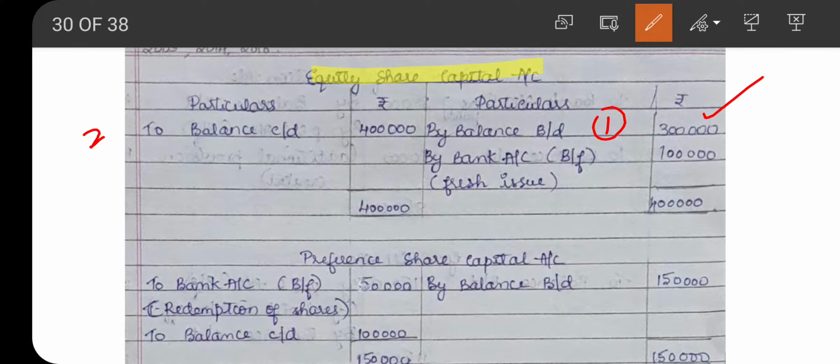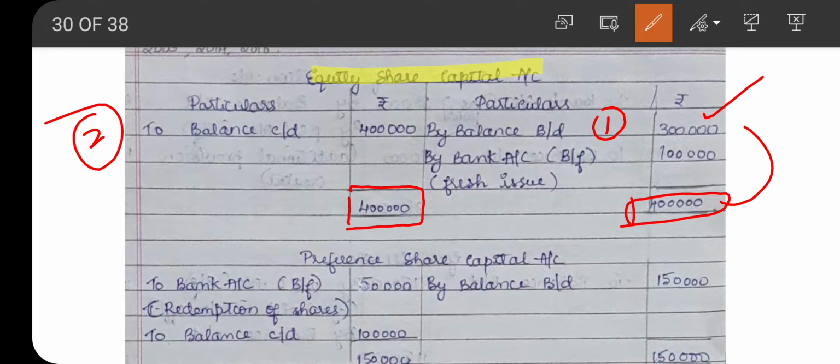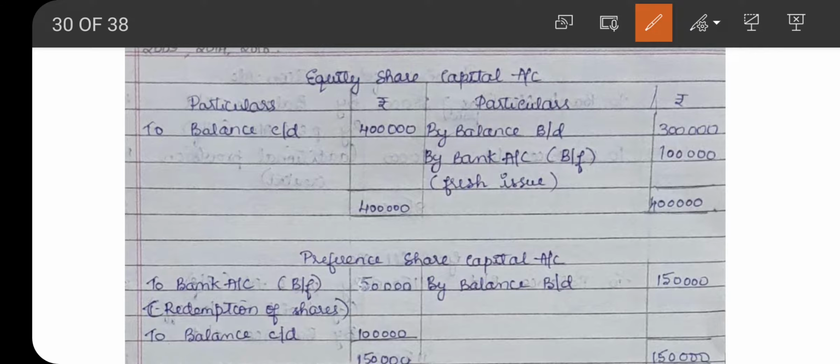So we will be writing the closing balance, to balance carried down 4 lakh, and the total as 4 lakh. So 4 lakh minus 3 lakh, we will be getting a balance of 1 lakh rupees. That is by bank account, balancing figure, fresh issue of equity shares.